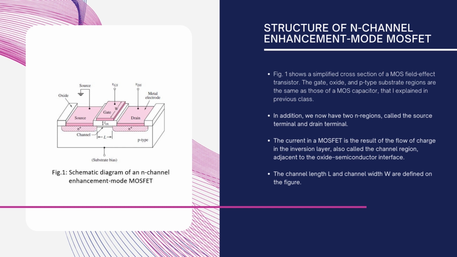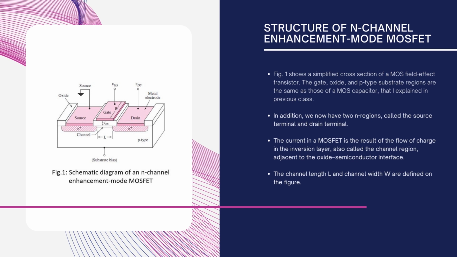Here the channel length is represented as L, and T-ox represents the thickness of the oxide in this structure. W represents the channel width, and the W by L ratio plays a significant role in determining the drain current.